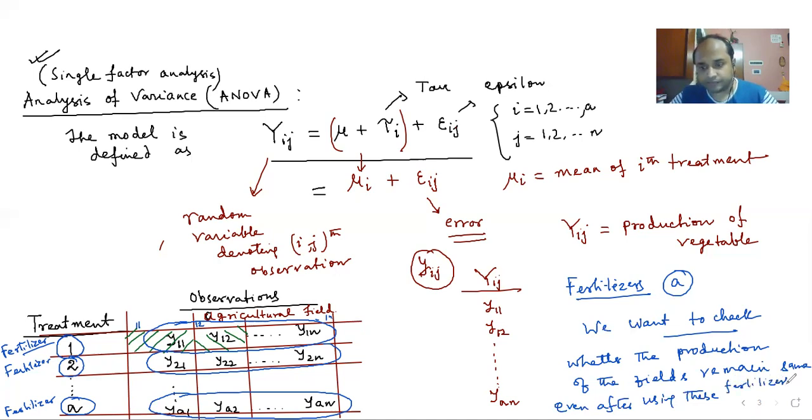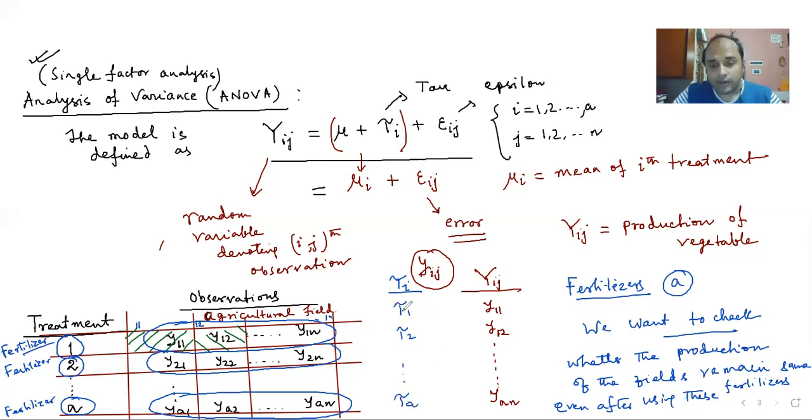These fertilizers are actually the treatments, the tau i which we talk about in general. So in place of tau i, you can say that we have tau 1, fertilizer 1, tau 2, fertilizer 2, and in this way we have tau a, fertilizer a.